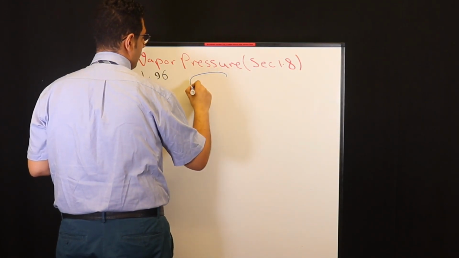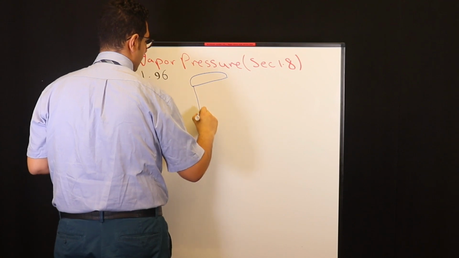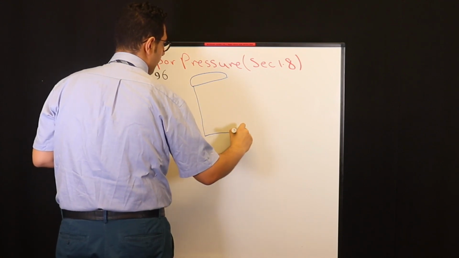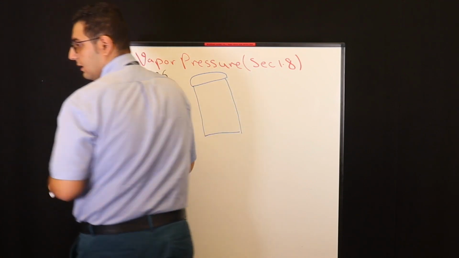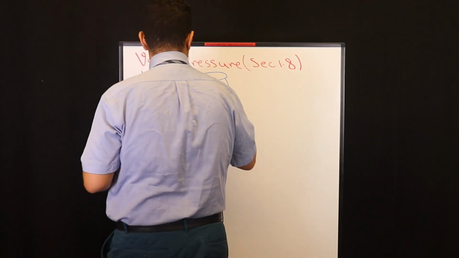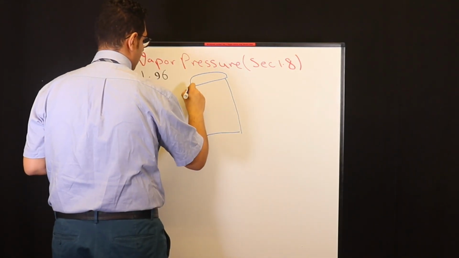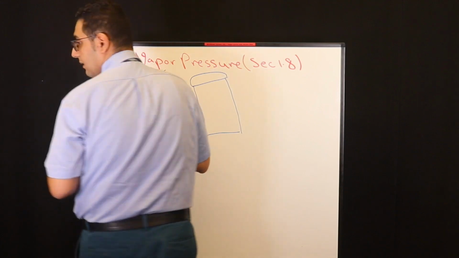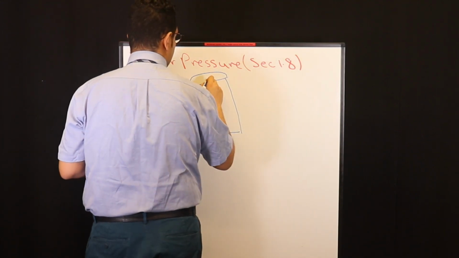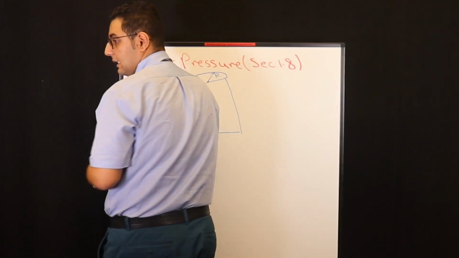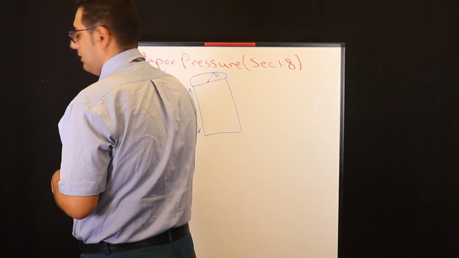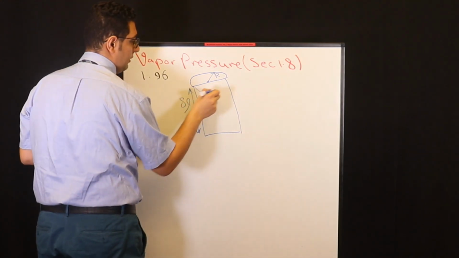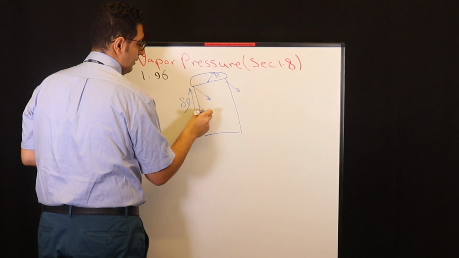There's a semicircle over here, and we have a plane over here, which is delta L, length R in here, and pressures are to the outside.